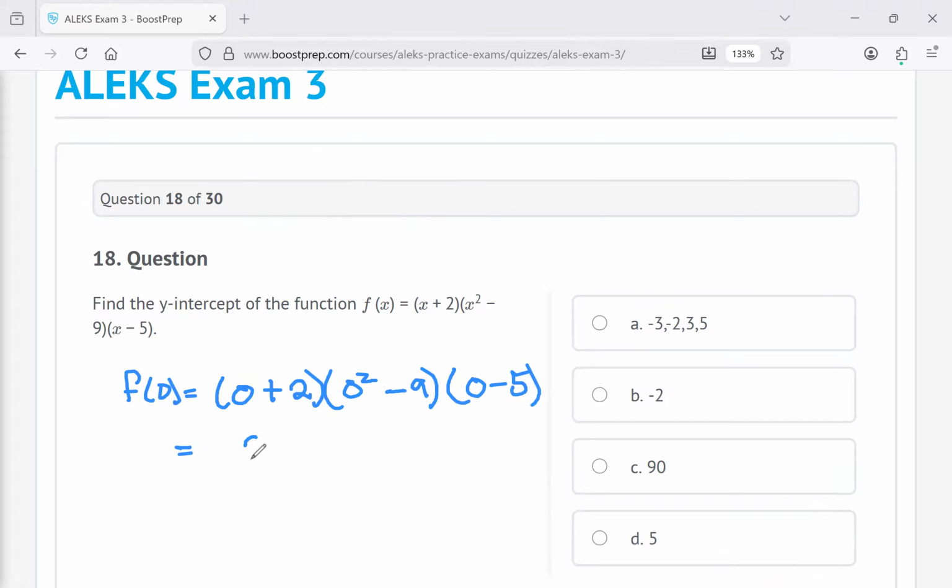So 0 plus 2 is 2. 0 squared is 0, minus 9 is negative 9. 0 minus 5 is negative 5. So 2 times negative 9 times negative 5 is 90. Okay, so my y-intercept is C, 90.